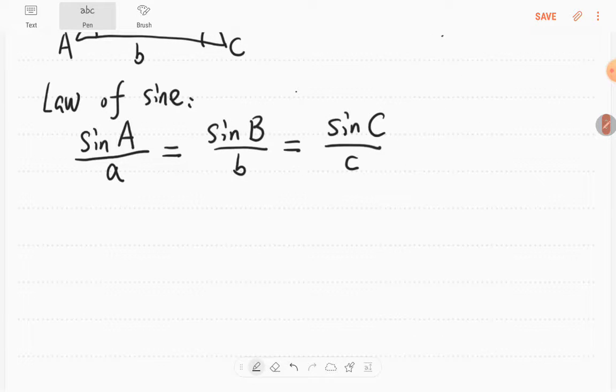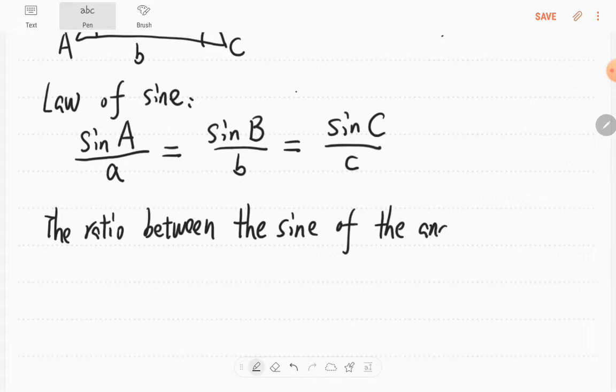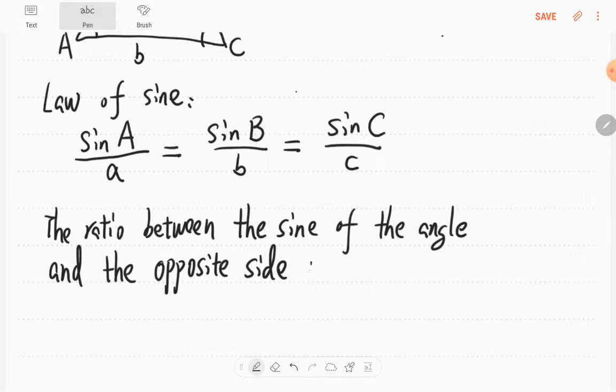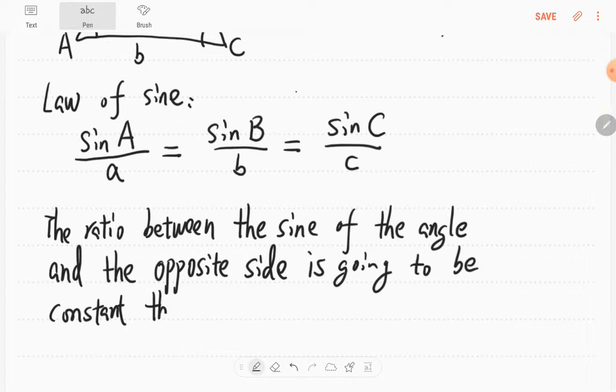Here, we use the lowercase a, b, c to denote the sides, and the uppercase letters A, B, C to denote the angles.